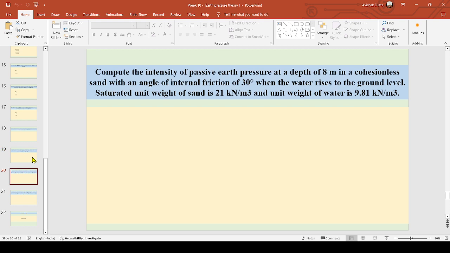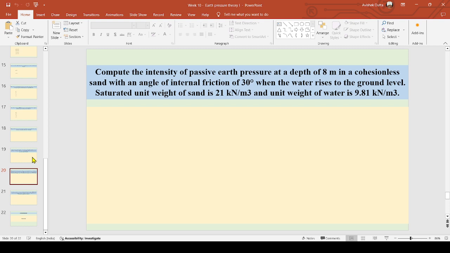Compute the intensity of passive earth pressure at a depth of 8 meter in a cohesionless sand with an angle of internal friction of 30 degree when the water rises to the ground level. Saturated unit weight of sand is 21 kilonewton per meter cube and unit weight of water is 9.81 kilonewton per meter cube.